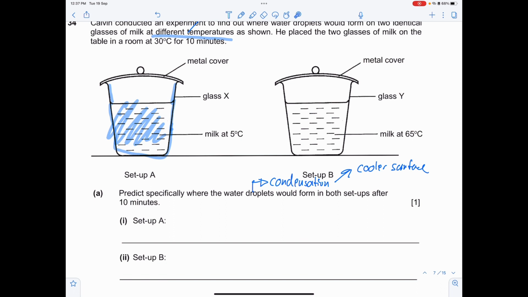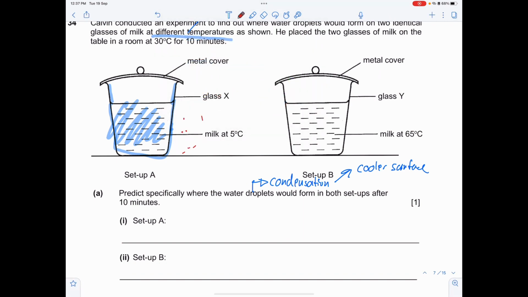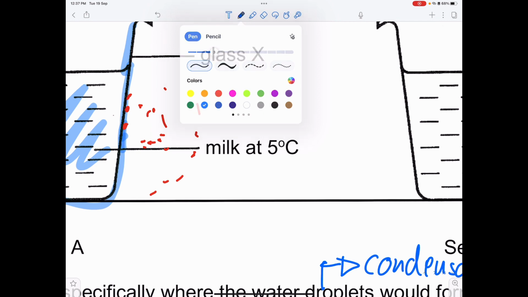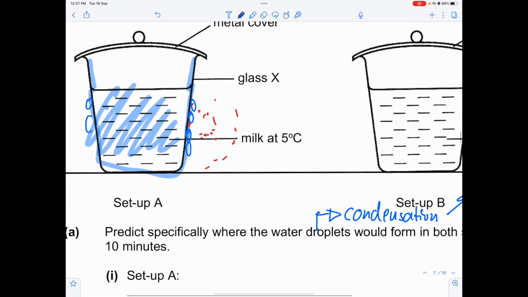And where is the source of the warmer water vapor? From the surrounding air. So what happens is that when the warmer surrounding air touches the cooler part of the glass, it will start to condense into liquid water droplets.